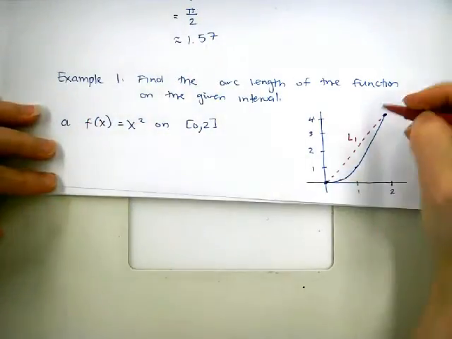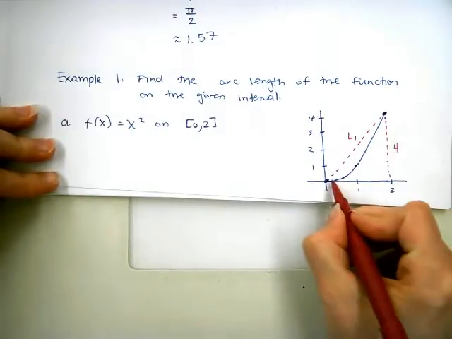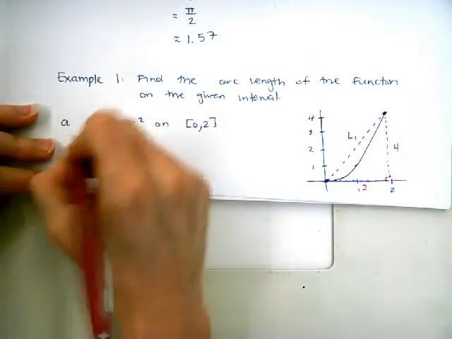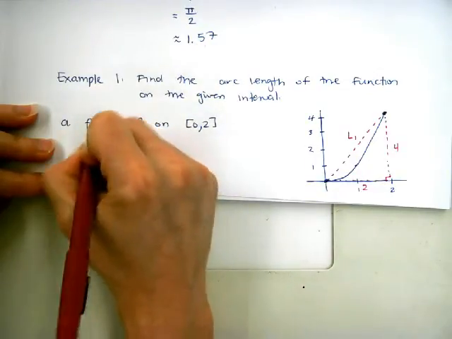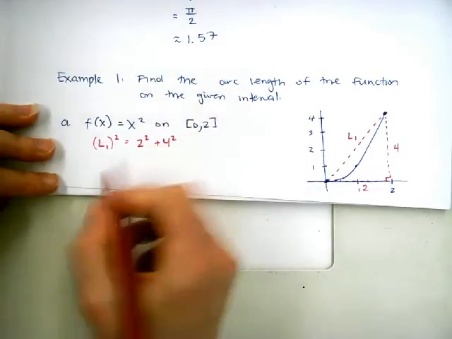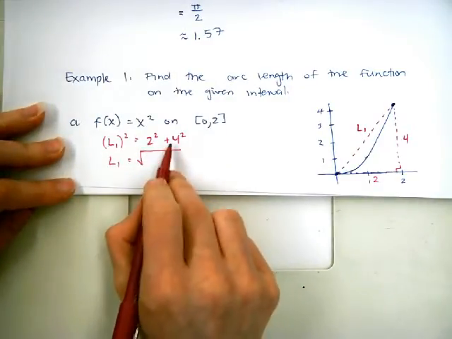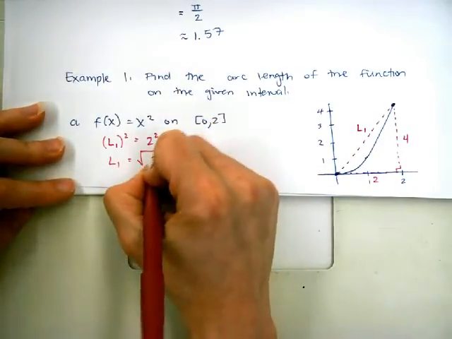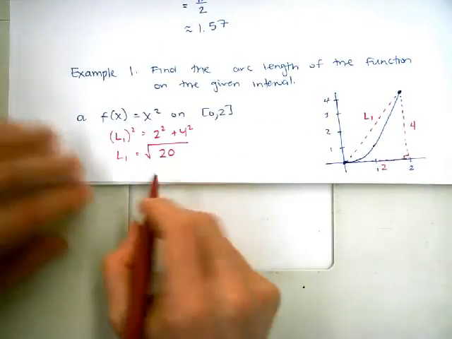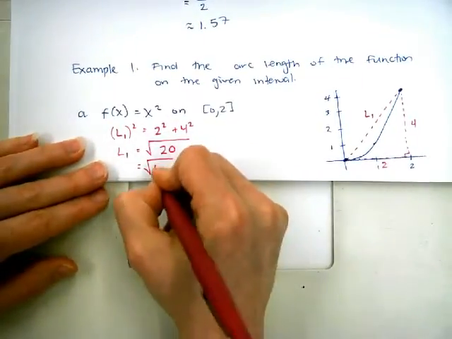So notice what we could use is the Pythagorean theorem, because I know that this side length is 4, and this side length is 2, and it's a right triangle. So using the Pythagorean theorem, I have that this side squared equals 2 squared plus 4 squared. So L1 is the square root of 4 plus 16, which is 20. If you wanted to, you could simplify the square root of 20, because 20 is 4 times 5.